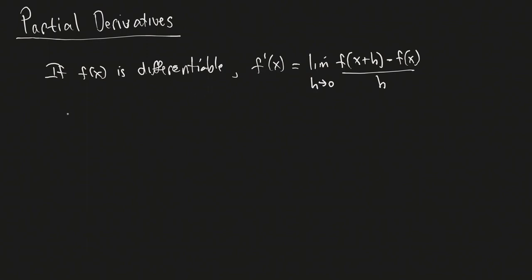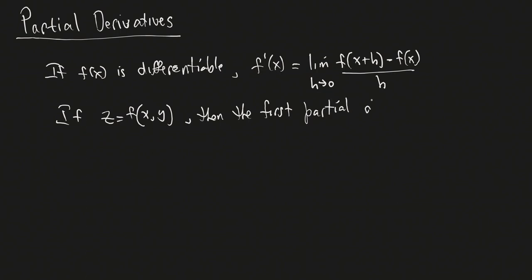And let's just start with a function of 2. So let's just go from 1 to 2. So if z is equal to f of x, y, then the first partial derivative, right? So this is what we're defining.